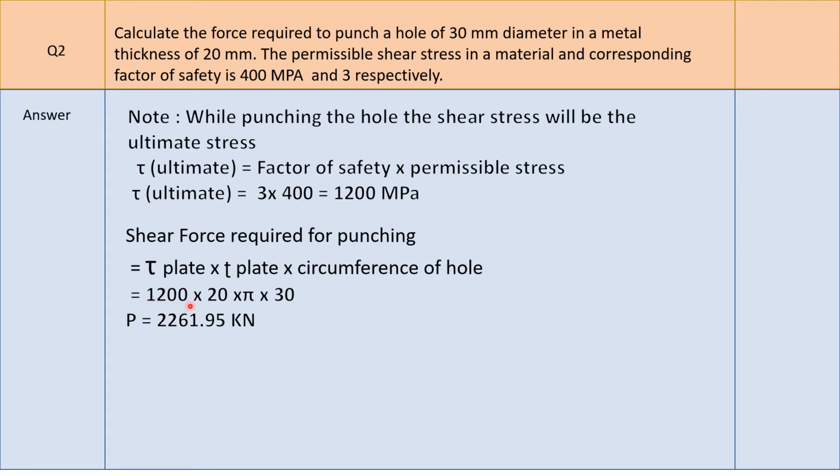So 1200, thickness of the plate given here is 20 mm, so 20, and the hole diameter is given as 30 mm. So the circumference will be pi d, that is pi into 30.